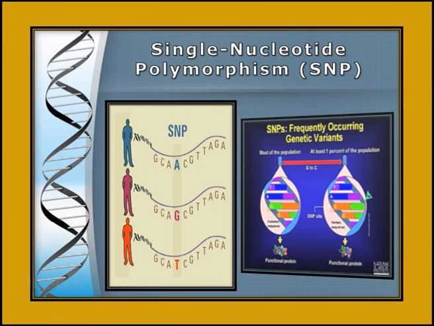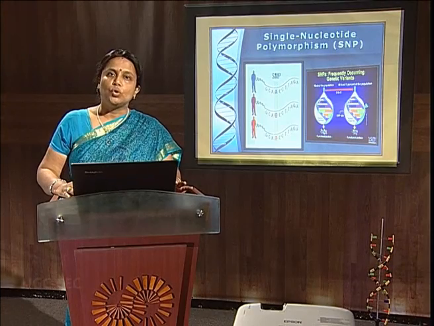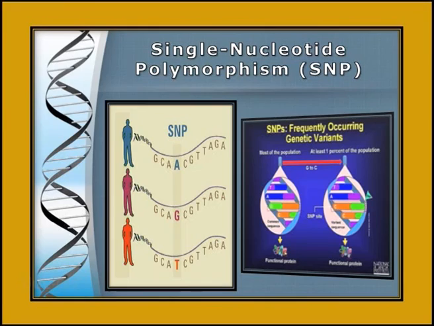SNPs are used nowadays and have a major role to play, because different individuals may have a change in the nucleotides. As you can see here, individual 1 has A, individual 2 has G in its place, and individual 3 has T in this place. So just by having the SNPs, we can differentiate between the individuals.